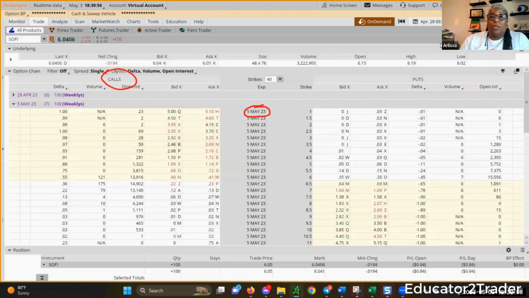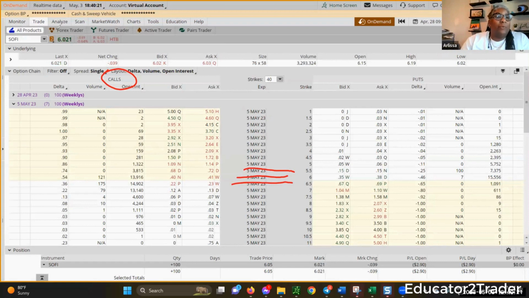If you paid $5.38 for it, you want to sell a call on the call side at $5.56, $6.50, whatever, as long as it's above current price and above what you paid for them.